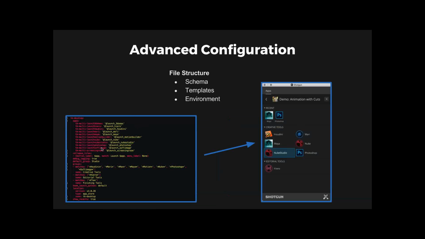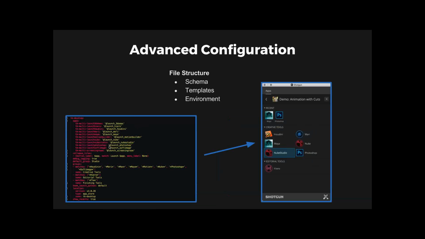So this list of apps that I've got here directly relates to what I can see within desktop when I'm launching things. So if you don't want artists to be able to launch Houdini, fine, we'll just remove the line here that says Houdini is available. And it's as simple as that.